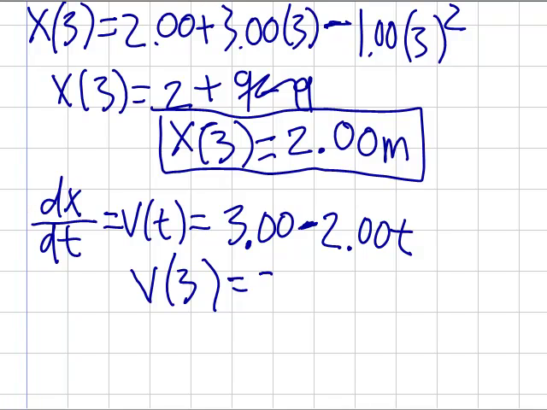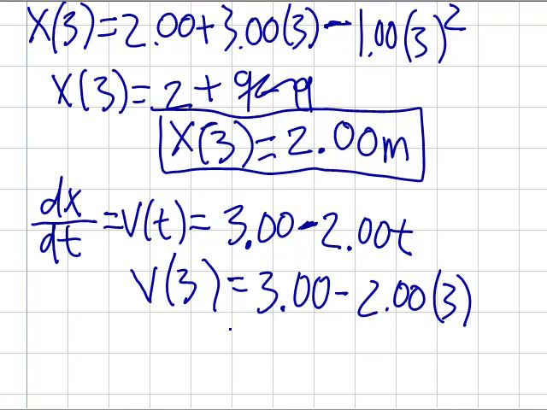So we take 3.0 minus 2.0 times 3, the 3 seconds from before, and our velocity at 3 seconds equals negative 3.